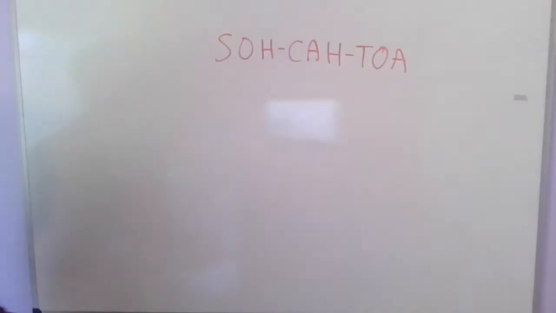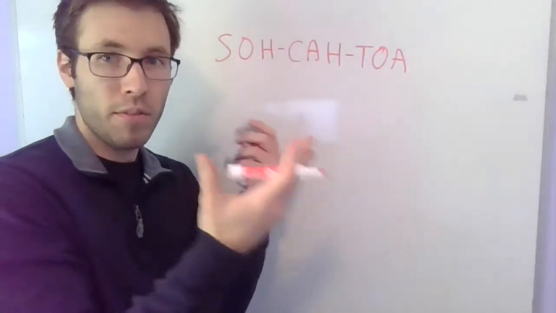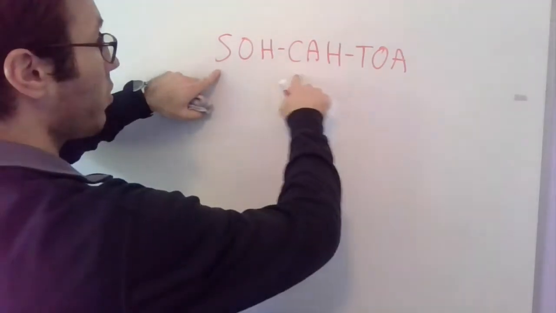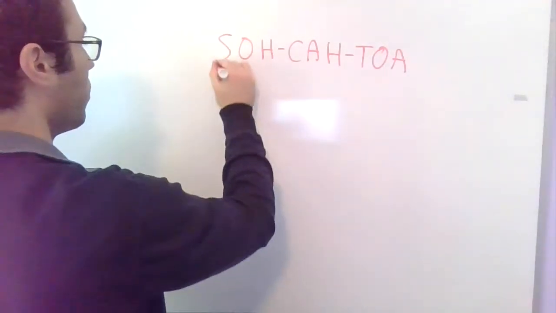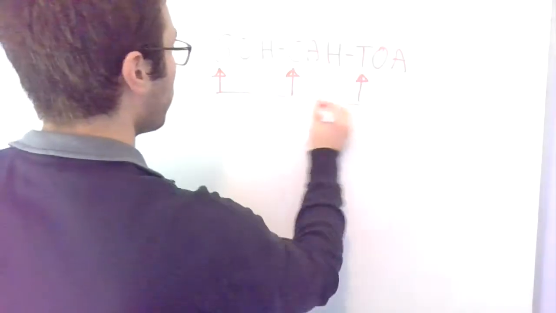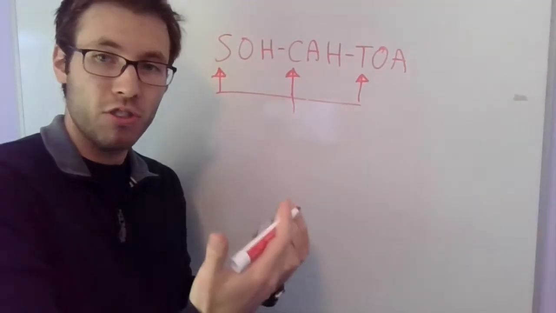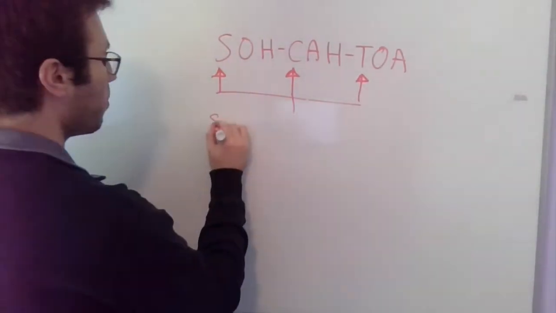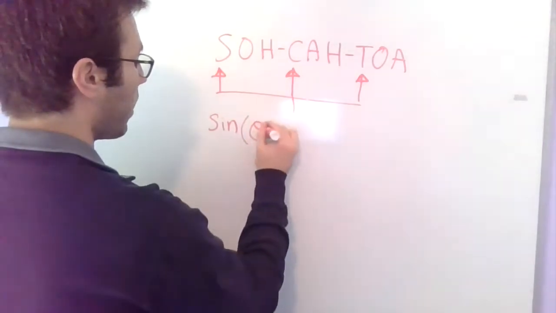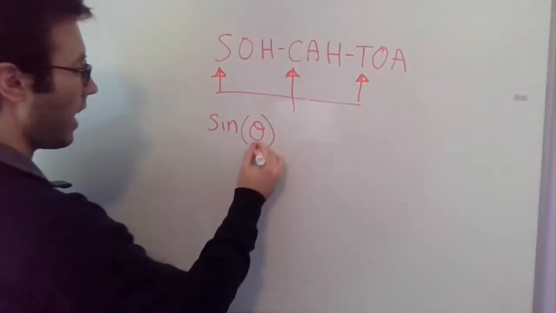Now, in the last video, and what we've discussed, at least in class, is sine, cosine, and tangent. So here's sine, cosine, and tangent. These are all what are known as trigonometric functions. This is an abbreviation for sine, and we say sine of theta. Theta is just an angle.